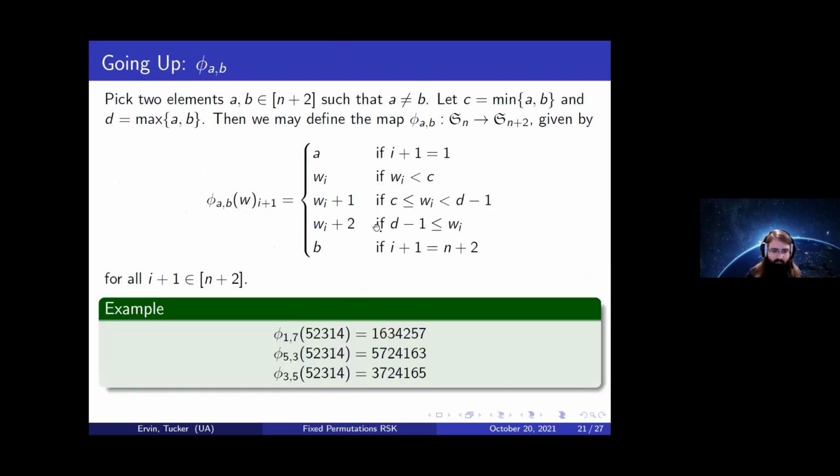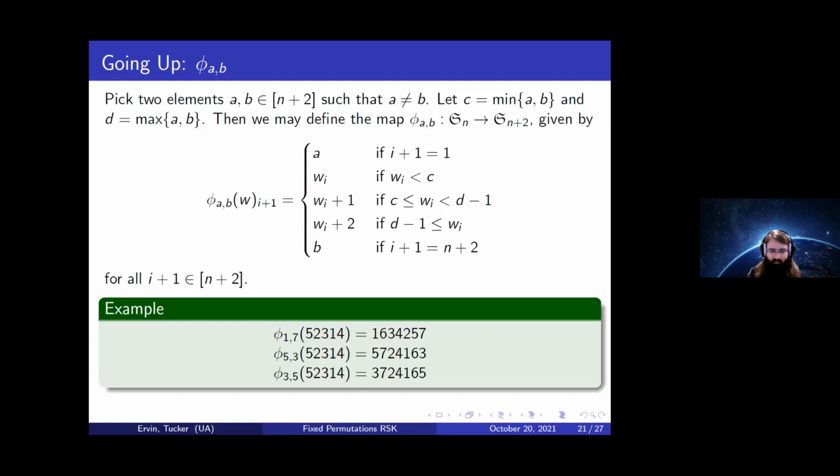So if we run through a couple of examples real quick: if we applied phi17 to 52314, 1 and 7 get tacked on at the ends. 52314, they're all in between 1 and 7. So you just add 1 to each entry and you get a permutation in n plus 2.